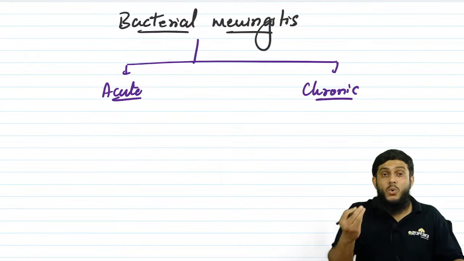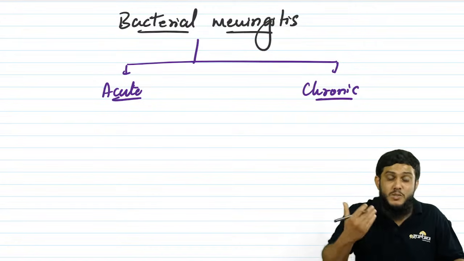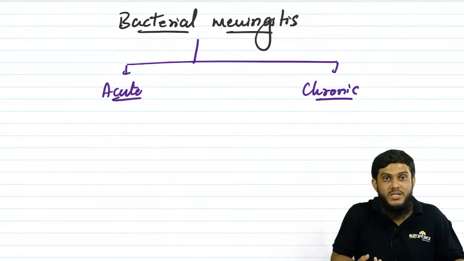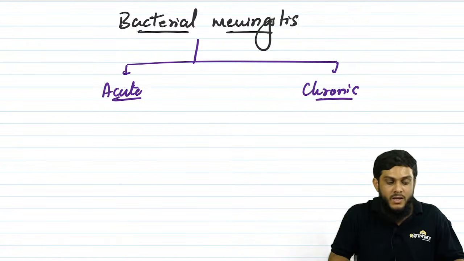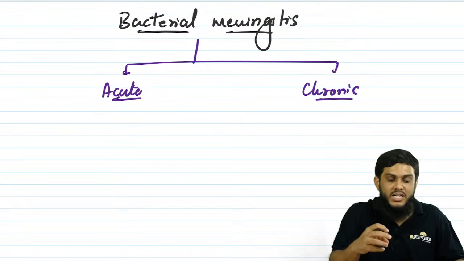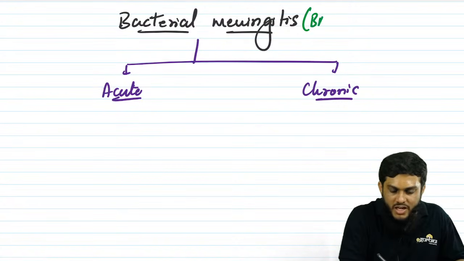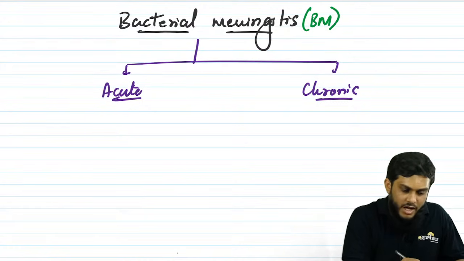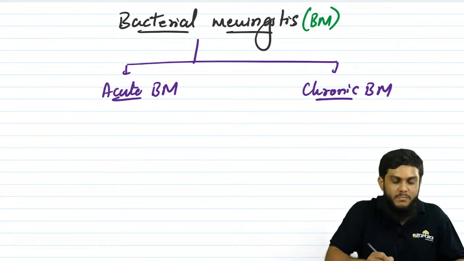Acute or chronic is based on the progression of the disease. If the disease progresses very fast, it is acute; if it progresses very slowly, it is chronic. So we have acute bacterial meningitis and chronic bacterial meningitis, shortly BM.